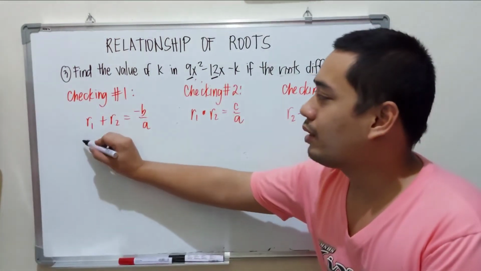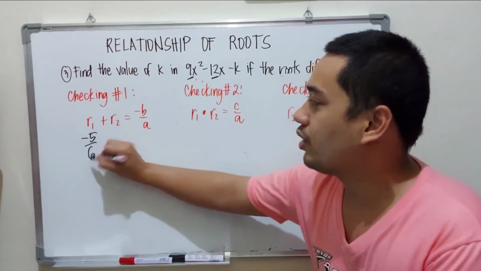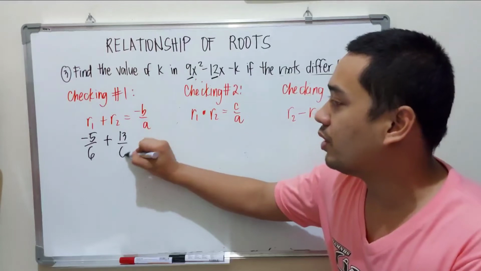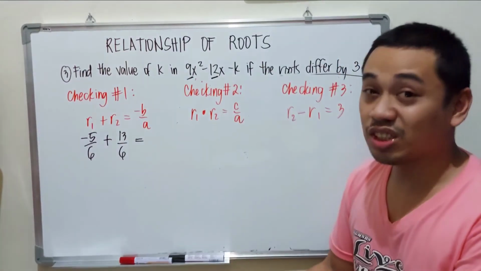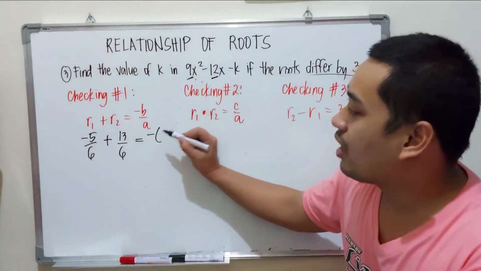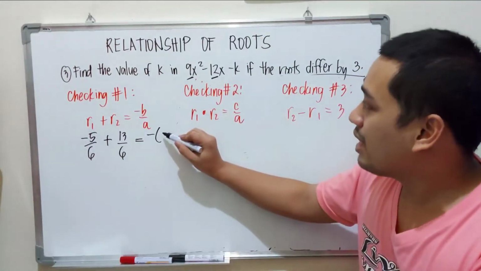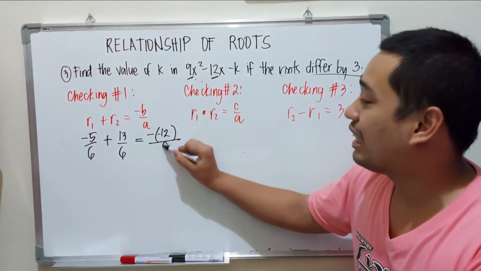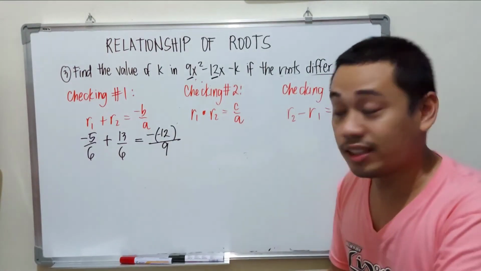Ang root number 1 daw natin ay negative 5 over 6 plus ang root number 2 daw natin ay 13 over 6 na dapat ang sum nila kapag pinag-add yung mga roots ay magiging negative inverse of B, which is negative 12 over 9. Check natin kung mag-i-equal sila.